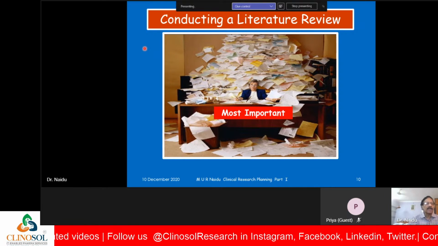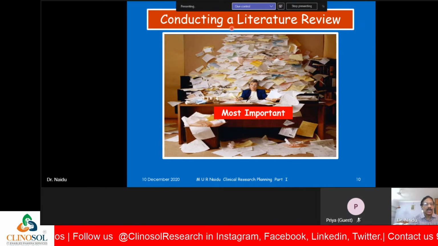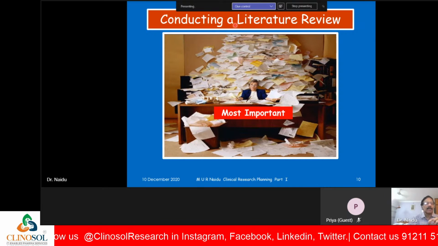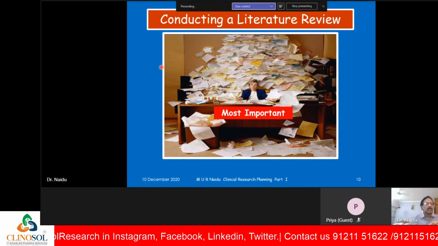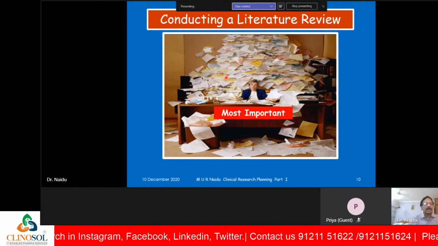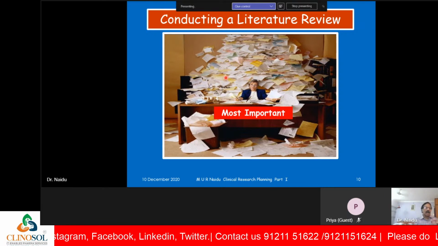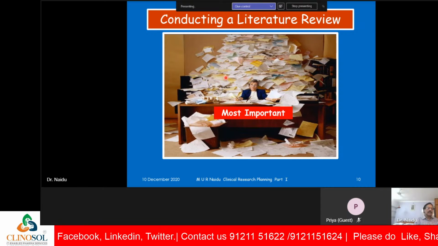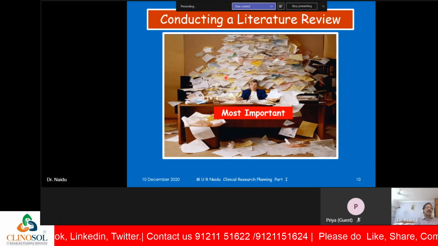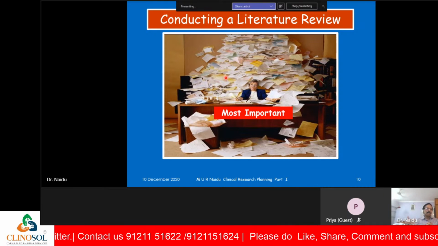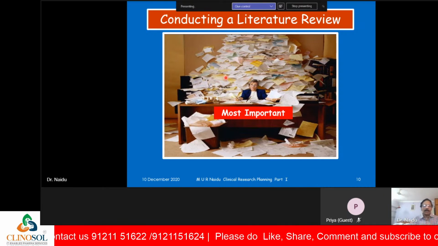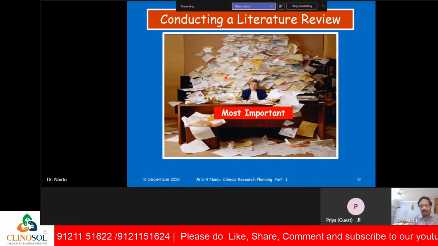There are some studies in the literature showing that when high dose vitamin D was given to these corona patients, they improved. So based on all the literature, we designed a study that high dose vitamin D can be used in corona, and then we proposed the study to ICMR. I will tell you in the last part of my slides what we have actually done.